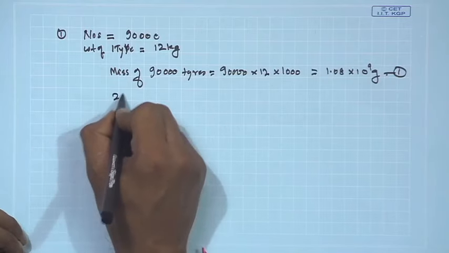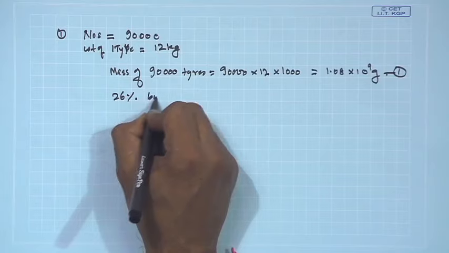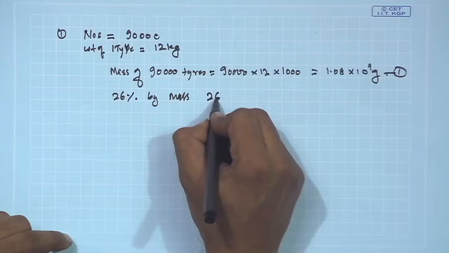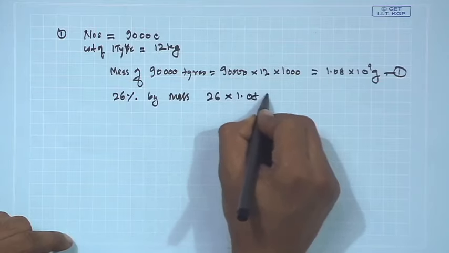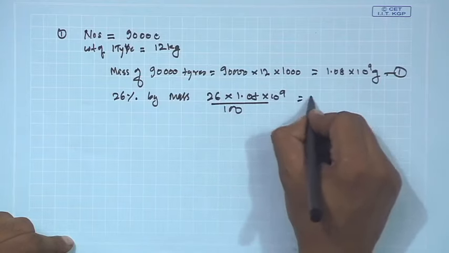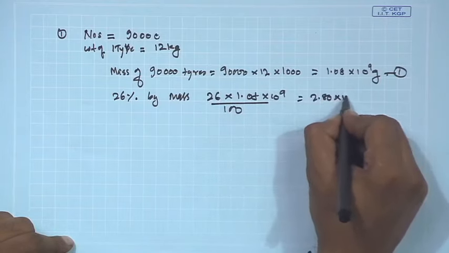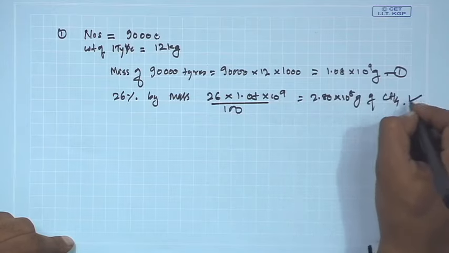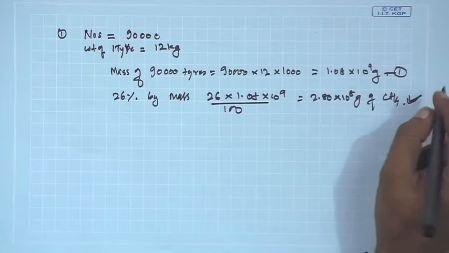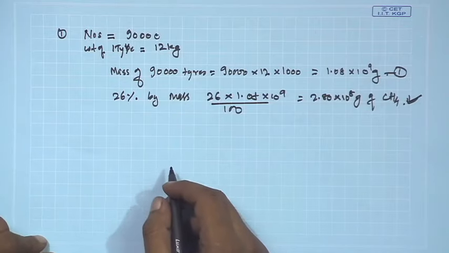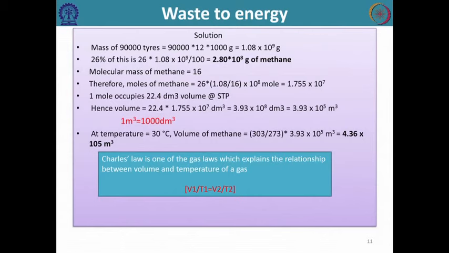So, 26% by mass would be 26 into 1.08 into 10 to the power 9 divided by 100, that would give us around 2.80 into 10 to the power 8 gram of CH4. So, this solves the first part of the question, where we were asked to determine the mass of the gas generated. The next question is the volume we have to calculate.